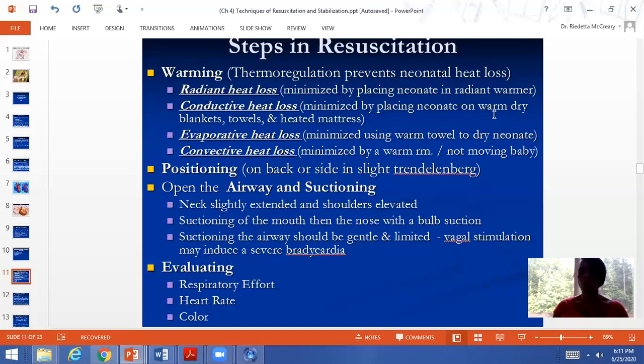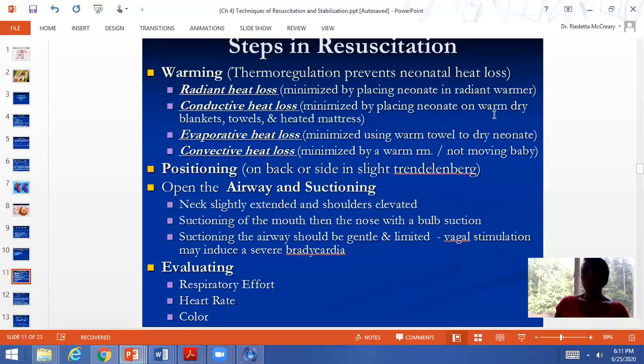Most radiant warmers are already positioned so that they're automatically in a slight Trendelenburg, and there's nothing you physically have to do. Others, you may have to use a wedge or a rolled up towel just to get the end of the bed to be a little higher.